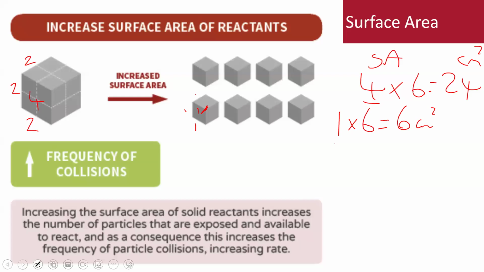Because I've got 8, it'll be 8 times 6, which is 48 centimeters squared. So increase the surface area, you break it up. Decrease the surface area, you stick it together.